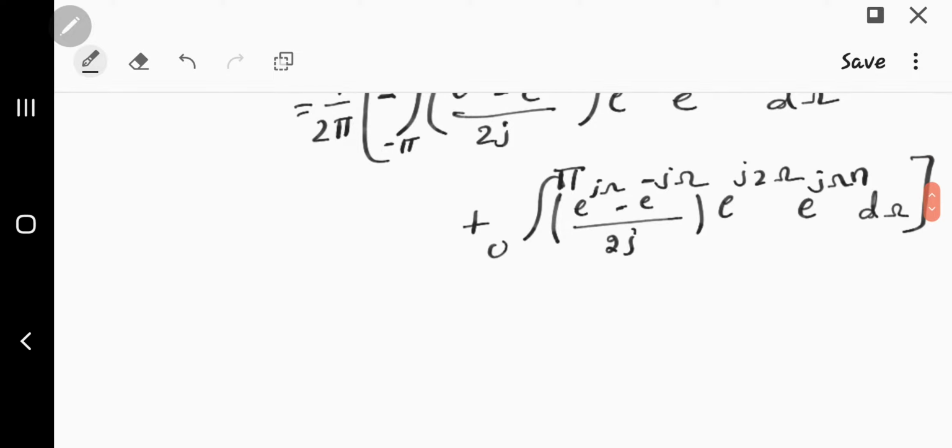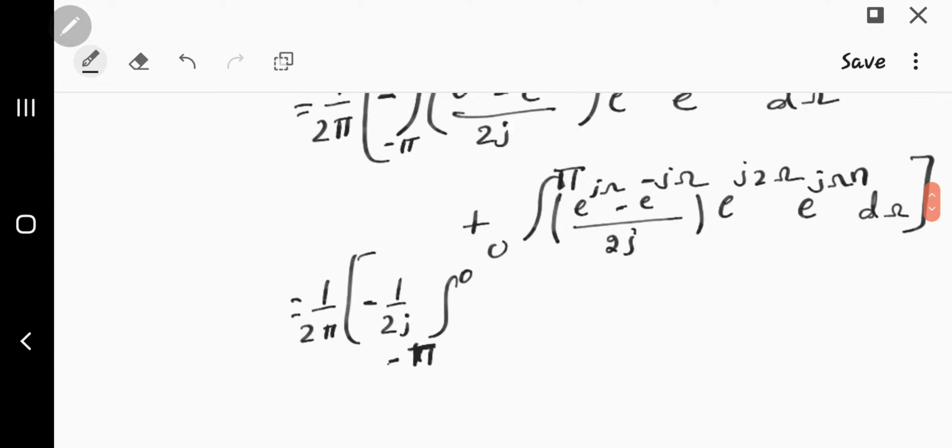So let us see what happens here. 1 by 2π into, so I am taking this 2j outside, so 1 by 2j, integral from −π to 0.